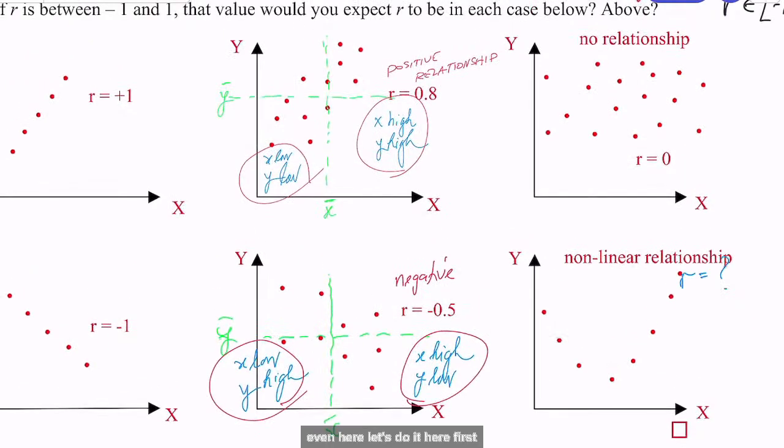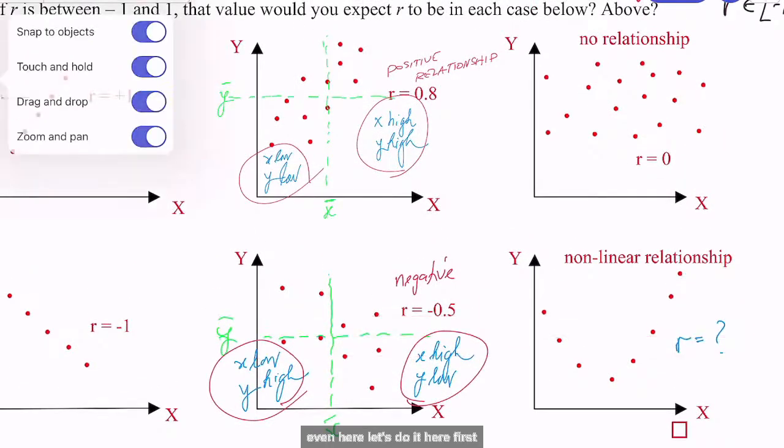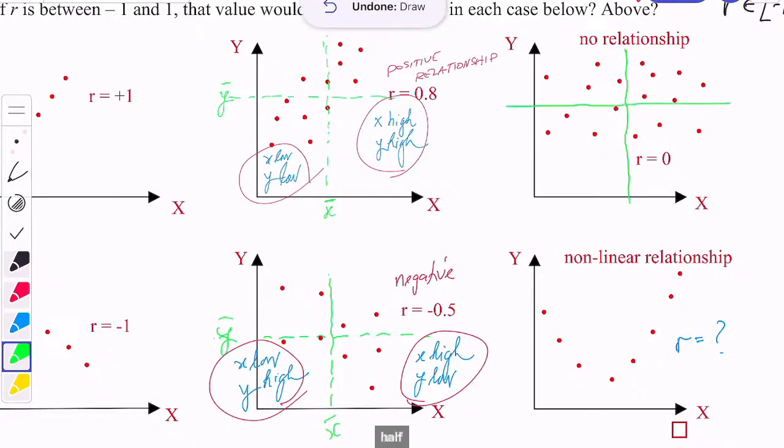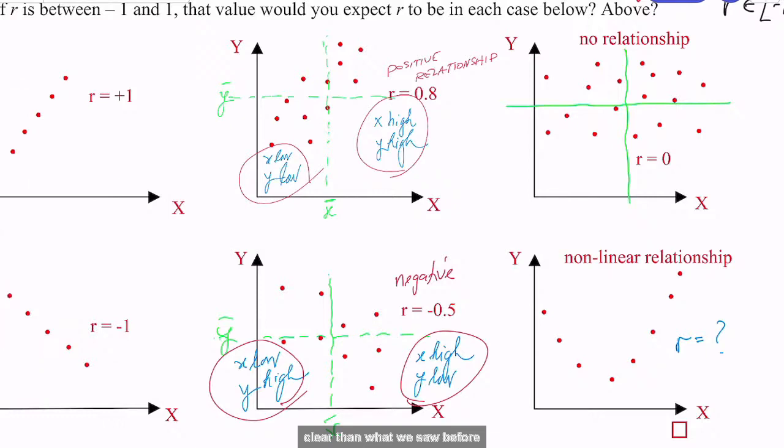Even here, let's do it here first. So if I divided this in half and this in half, it's not so clear, is it? It's even less clear than what we saw before.